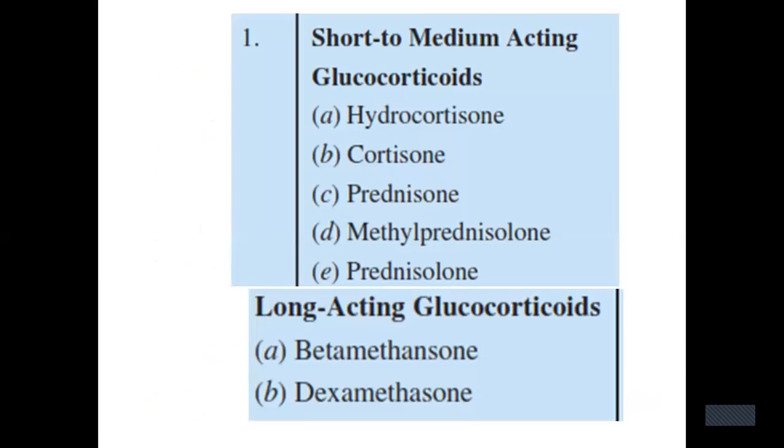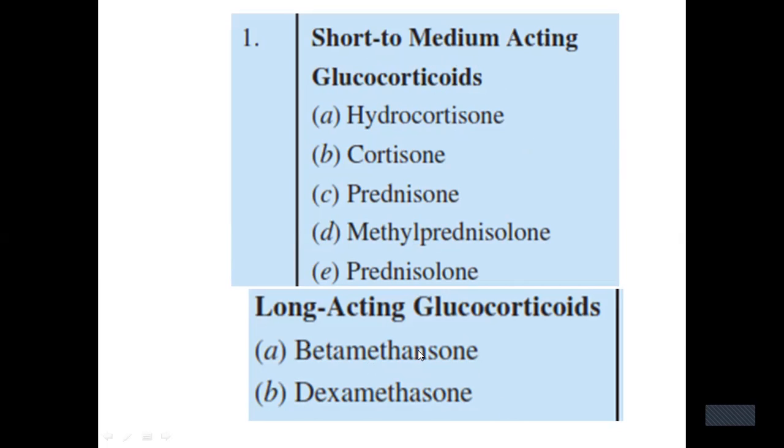So in this we shall see the glucocorticoids or corticosteroids. What we have to study are these drugs. Actually one more classification is there, intermediate acting glucocorticoid, that we do not have in the syllabus. So we will restrict our study of classification only to medium acting and long acting, betamethasone and dexamethasone.